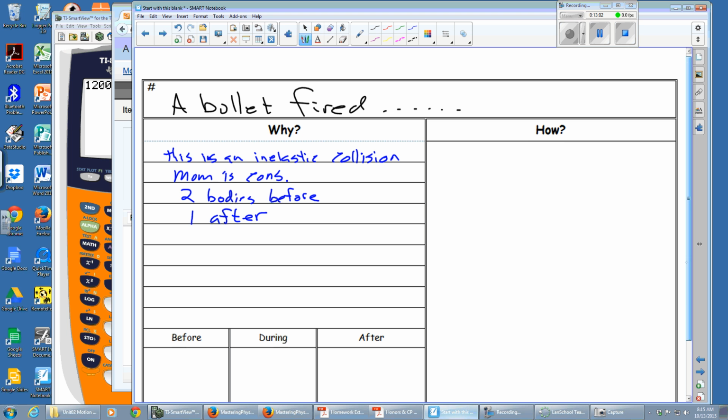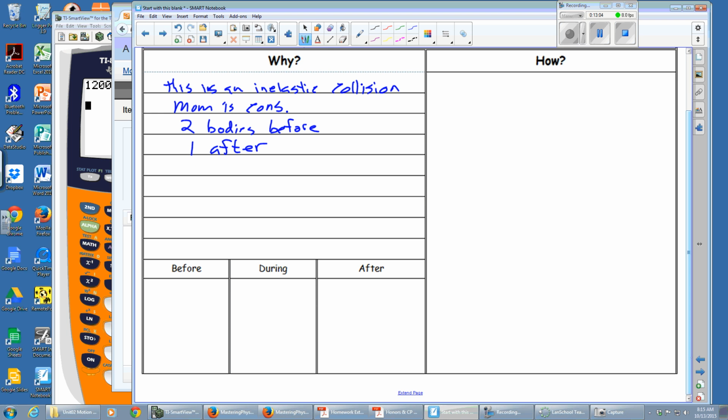Just to remind myself. So down here in my diagram, I'm going to have my block and my bullet. And then in the middle here, I'll have the block, and I'll put my bullet just a little bit inside. And afterwards, the block with the bullet embedded. Here, I'm going to call that momentum final of the bullet and the block. Beforehand, I only had the momentum of the bullet. This was 0.